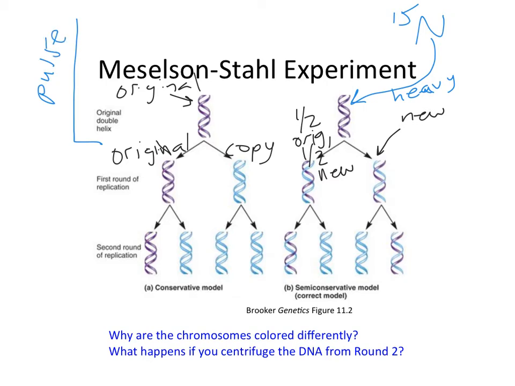The pulse is you grow organisms in one sort of medium, like heavy nitrogen, so you pulse label with N15, and then there's a period of time where you chase, and all that means is that you put them back in normal medium, with normal nitrogen, N14. So that from that point forward, when you take the bacteria out of the heavy nitrogen and put them in normal medium, N14, all of the new DNA that gets synthesized after that point incorporates the lighter version of nitrogen.